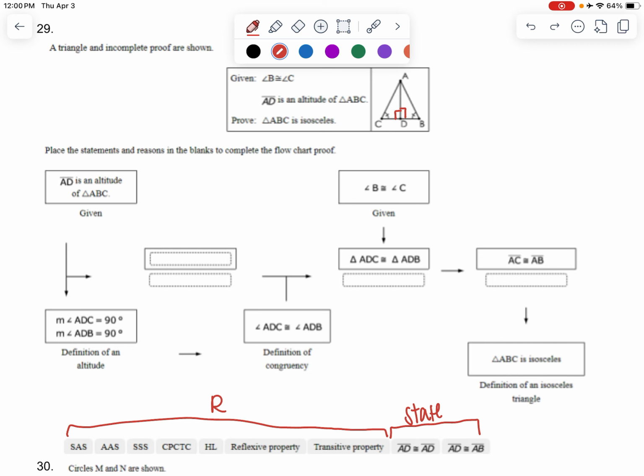Well, if AD is an altitude of ABC, then I don't know that AD is congruent to AB. It doesn't say it's a midpoint or anything, and I'm trying to prove it's isosceles, so I don't know that these sides are the same. So I feel like the best option is this, AD congruent to AD.